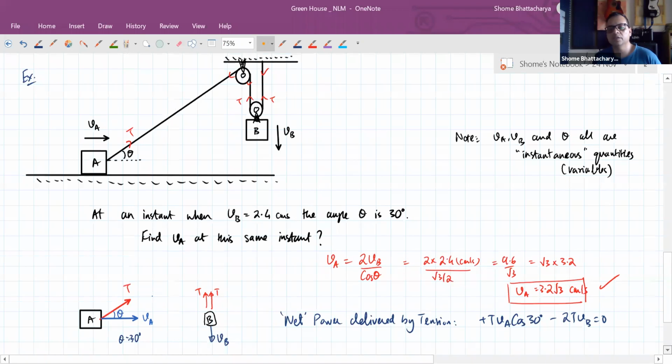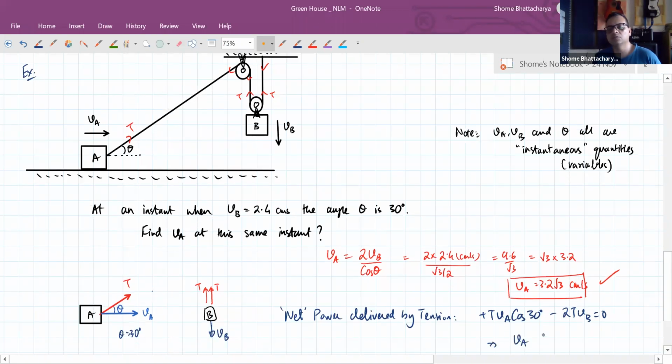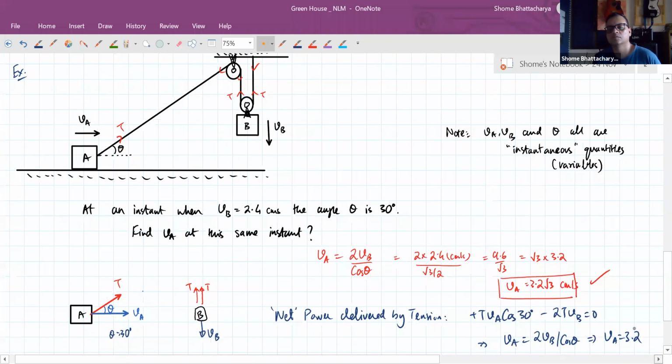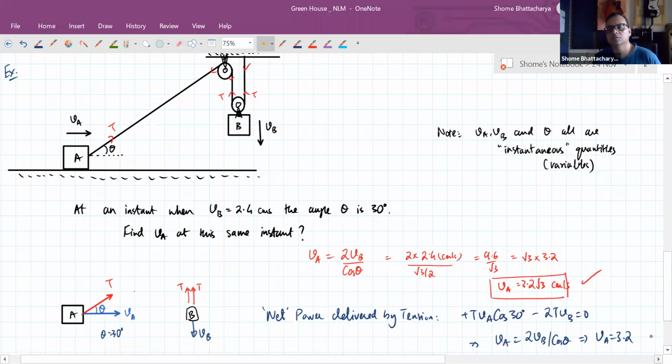As you can see, you get the relation which I told you, that VA is equal to, so you substitute, you will be getting this relation.